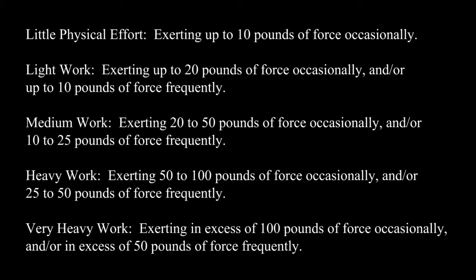Medium work, exerting 20 to 50 pounds of force occasionally and or 10 to 25 pounds of force frequently. Heavy work, exerting 50 to 100 pounds of force occasionally and or 25 to 50 pounds of force frequently. Very heavy work, exerting in excess of 100 pounds of force occasionally and or in excess of 50 pounds of force frequently.